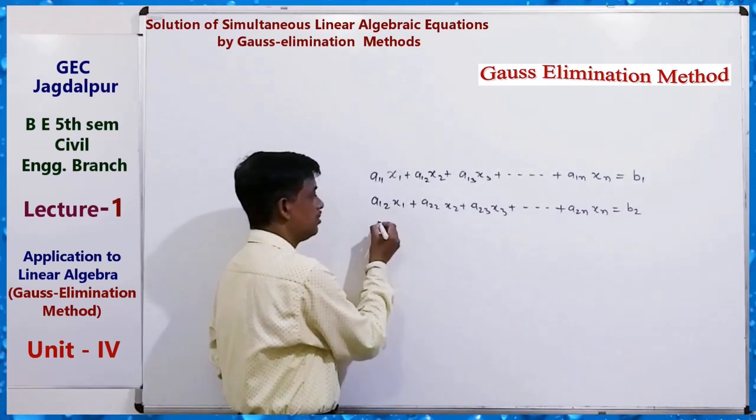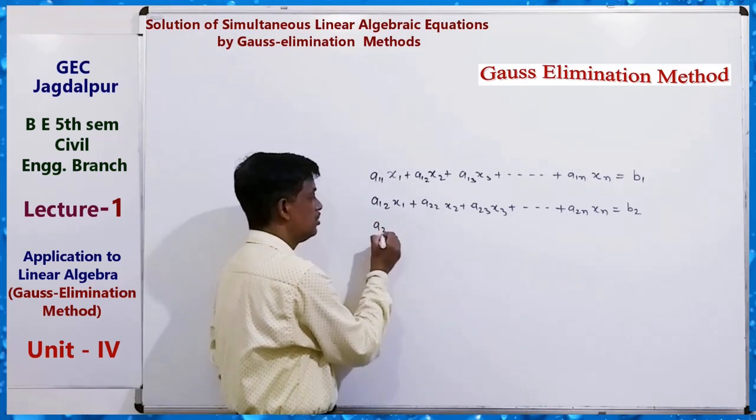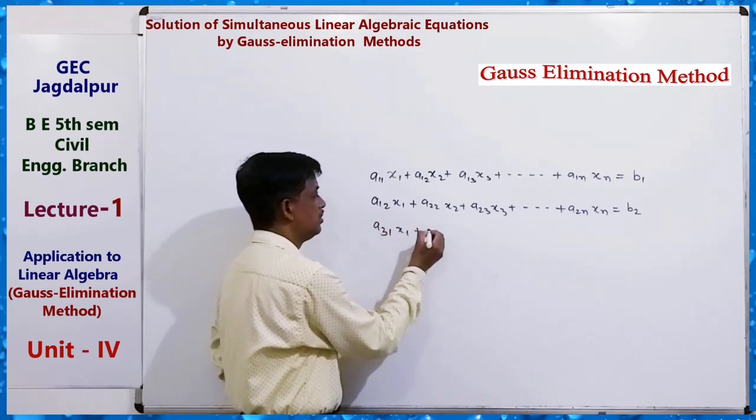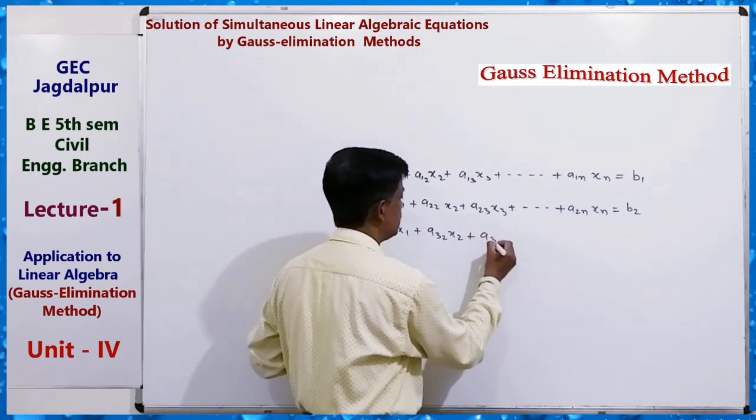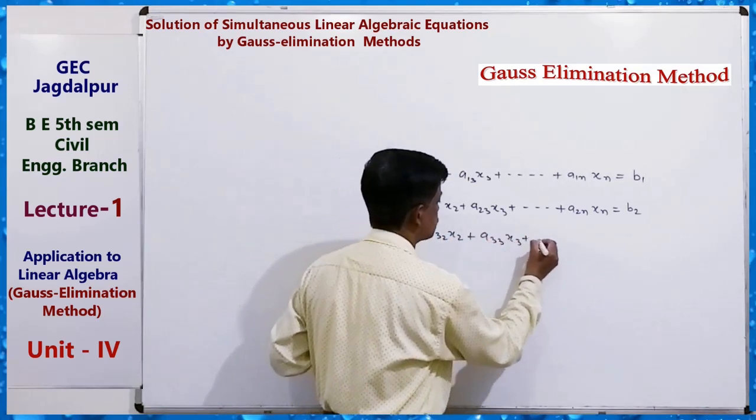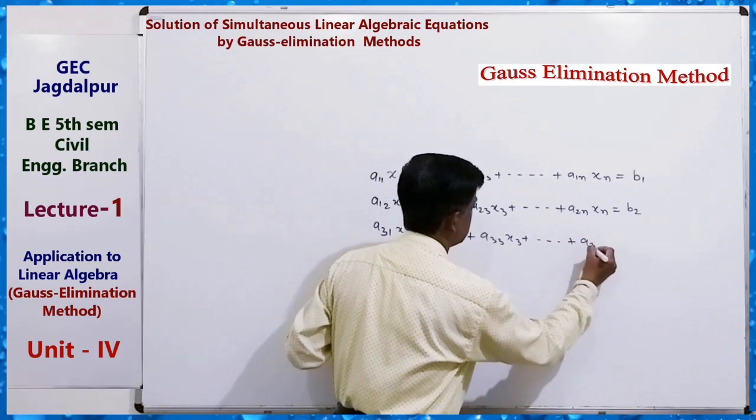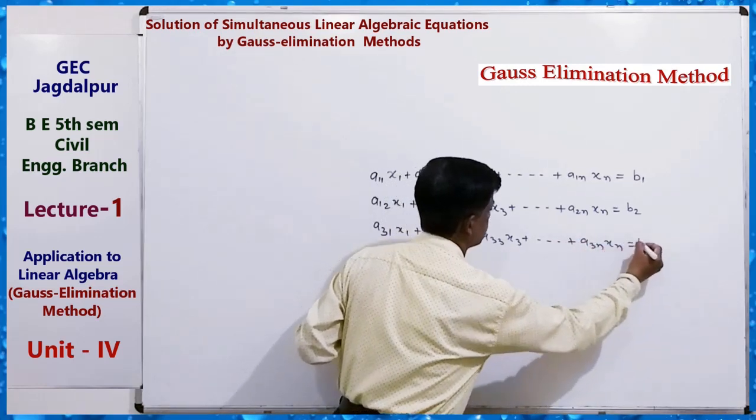Similarly, a31 x1 plus a32 x2 plus a33 x3 and so on up to a3n xn equals b3.